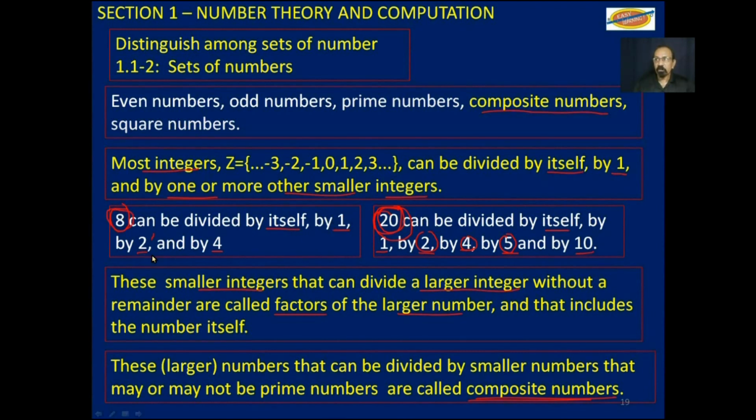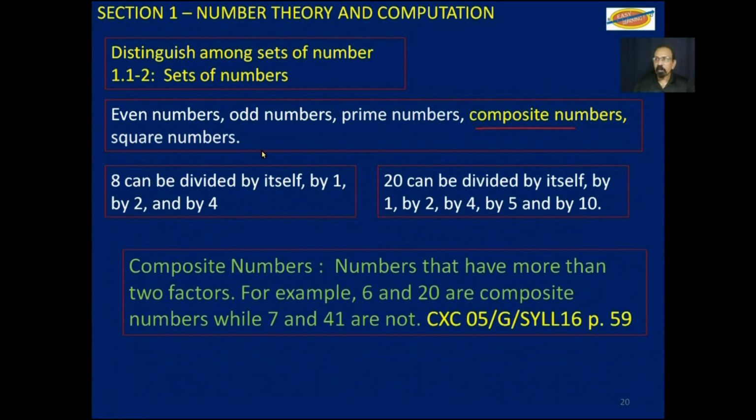It also has 2 and 4. So composite numbers, your definition from your syllabus says that composite numbers are numbers that have more than 2 factors. For example, 6 and 20 are composite numbers, while 7 and 41 are not.